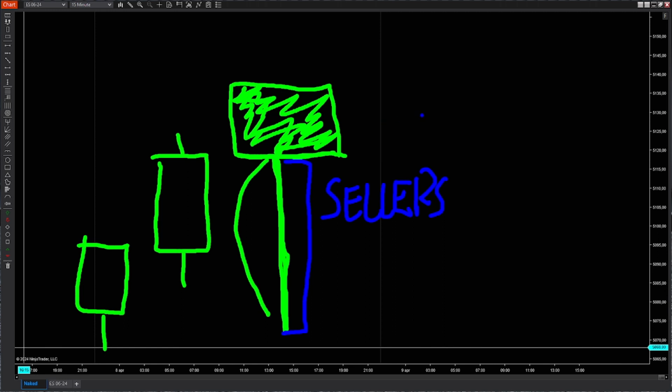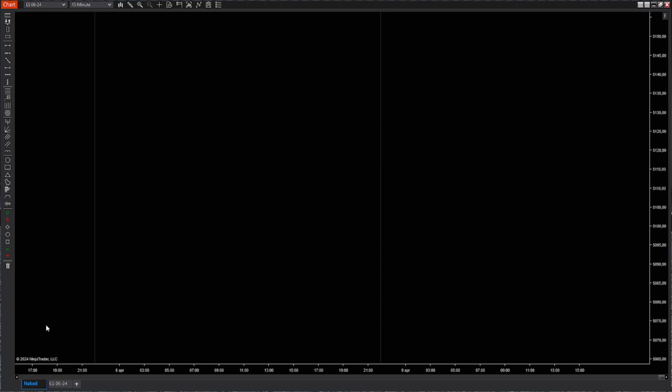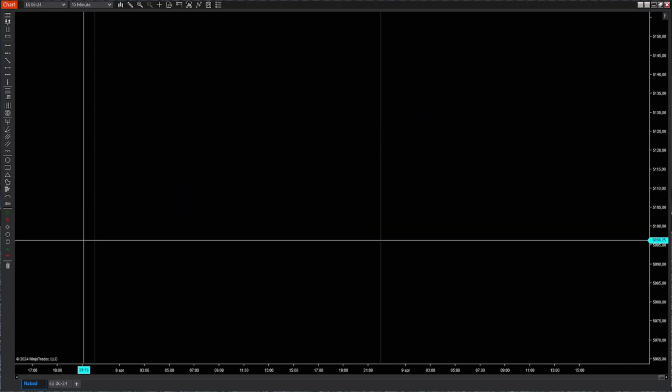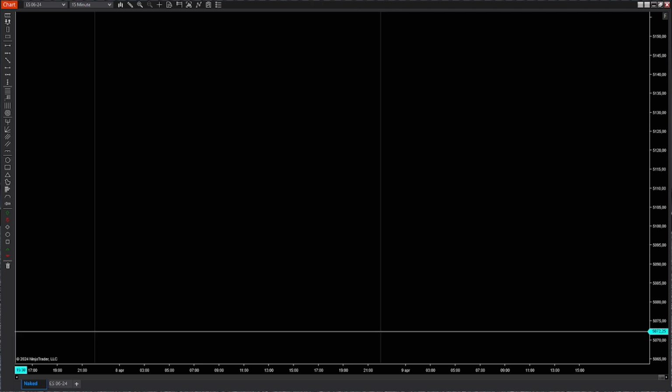So let's see how that looks in my drawings. An engulfing pattern would look something like this. Green again. So we have a hammer, and next to it we're going to have a red candle.